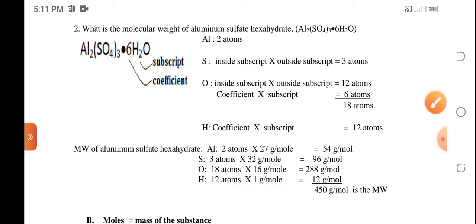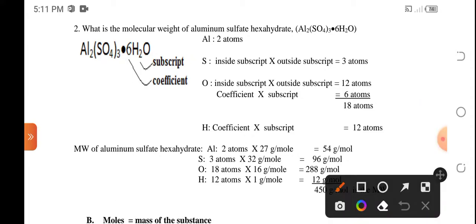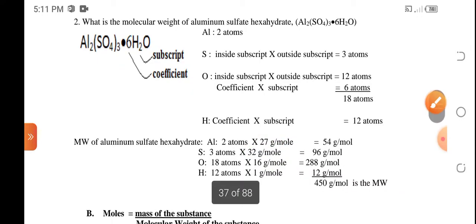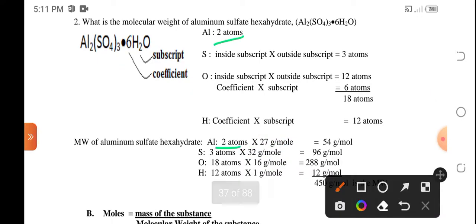Okay, so for the molecular weight, again, you have to consult your periodic table and look for the individual atomic weights of these elements. So for aluminum, a while ago, it has 2 atoms multiplied to 27 derived from the periodic table, so that's 54 grams per mole.